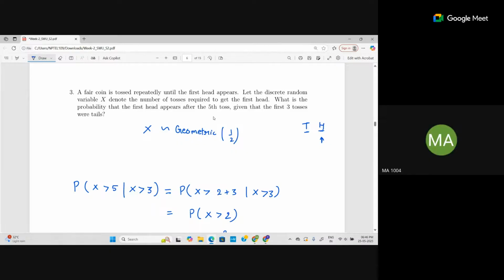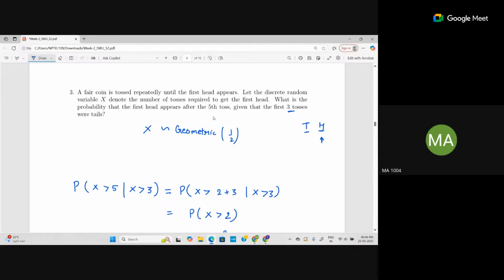Here, 3 tosses were tails, right? Instead of that, if 3 tosses were heads, will it come like that? Because the first one is dependent on the tails, the second one is dependent on the head. That can never be the case, right?